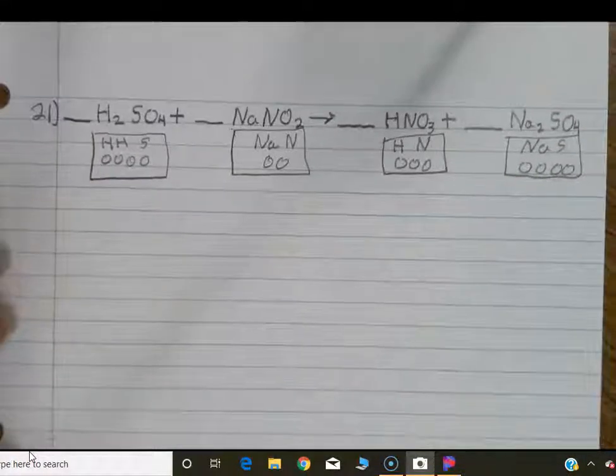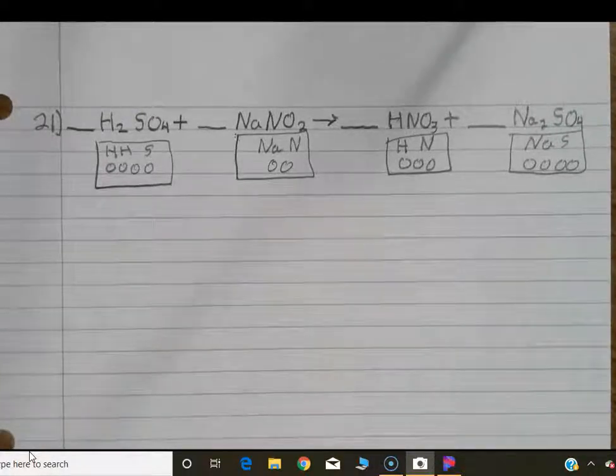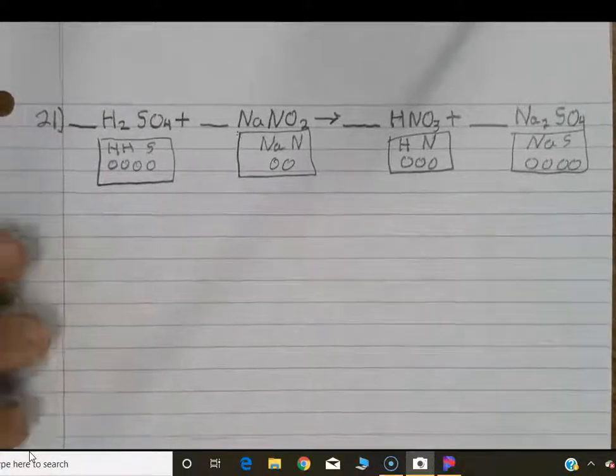Okay, so let's stay away from oxygen. There's oxygens all over the place. It's crazy. We'll do that one last, and you'll probably find that when we do hydrogen and sulfur and nitrogen, the oxygen ends up in balance.